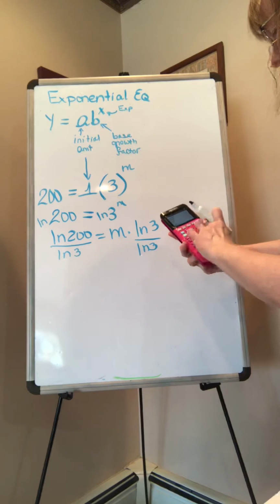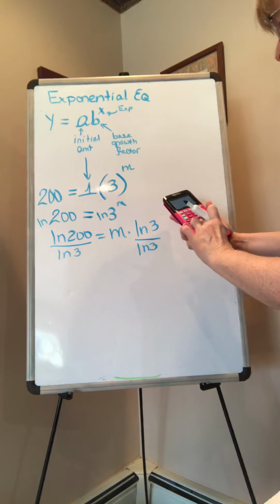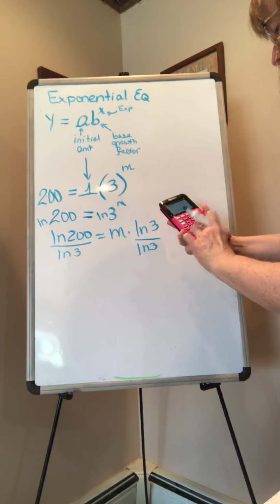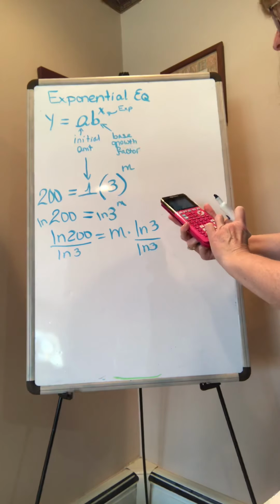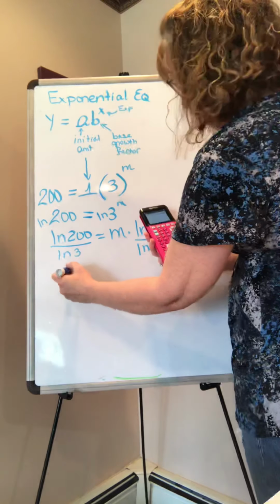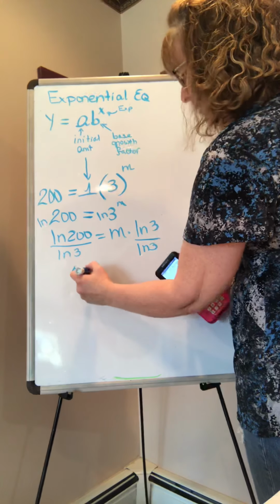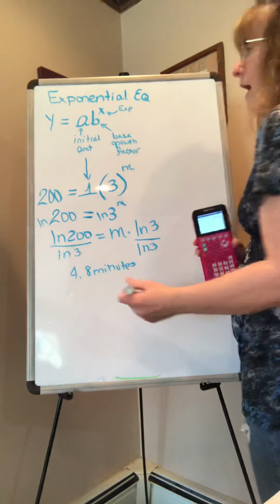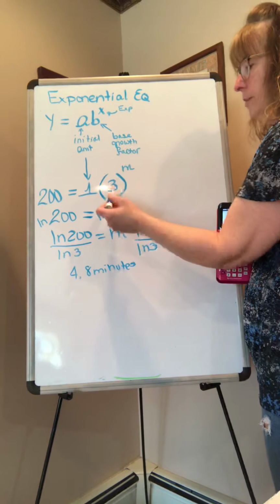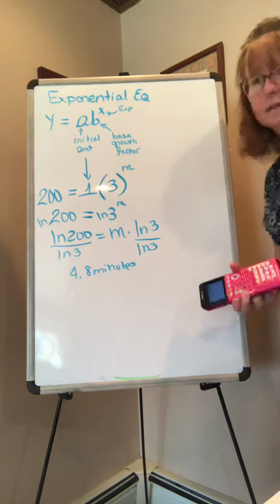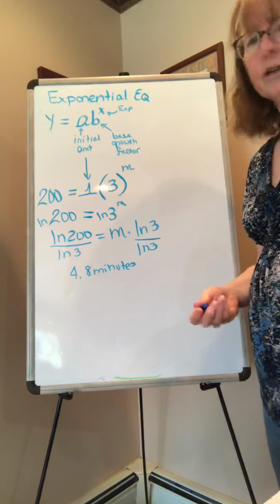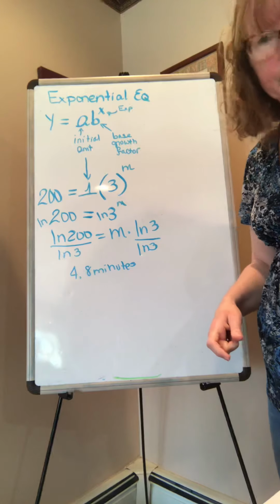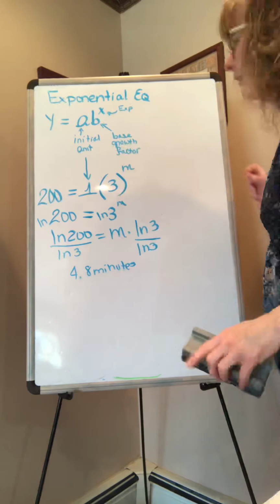Natural log of 200 divided by the natural log of 3 tells us it would only take 4.8 minutes for the crowd that's tripling every minute to get to 200. And of course, if you work at Tanger, you see this on Black Friday every year. It is absolutely crazy. All right, basic exponent.